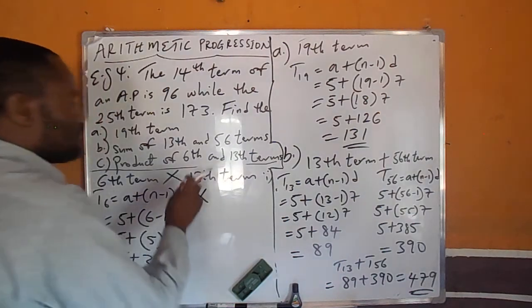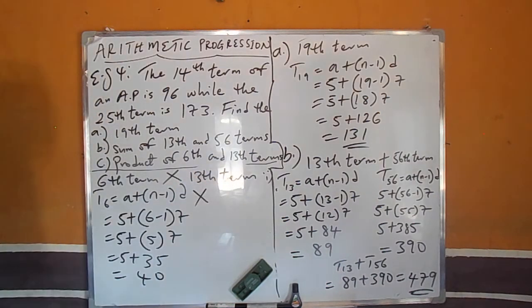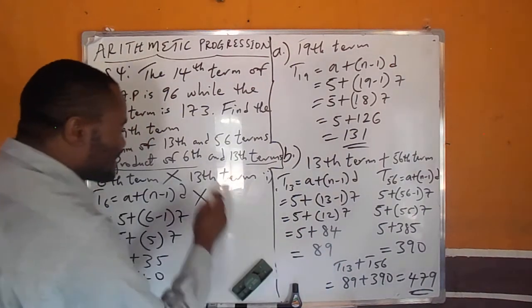Then the 13th term. As we have solved for the 13th term before, our 13th term gives us 89.